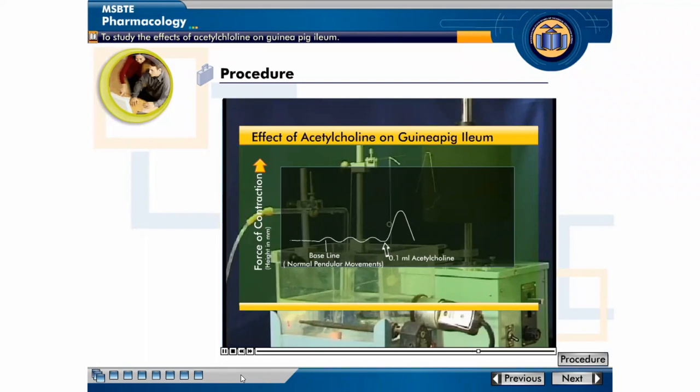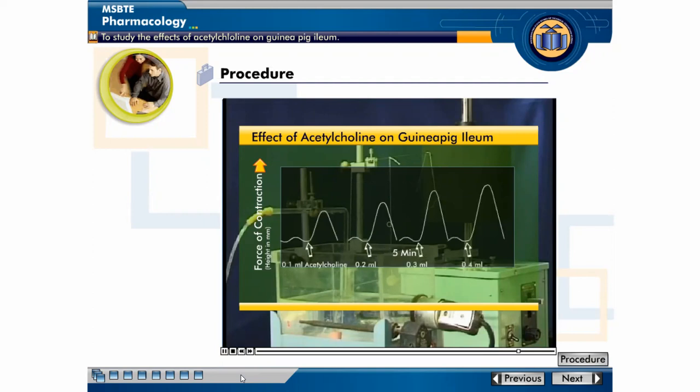Repeat the procedure by using 0.2, 0.3 and 0.4 ml of acetylcholine solution. For recording of every response, a 5-minute time cycle is followed. Now measure the height of each response in millimeter.